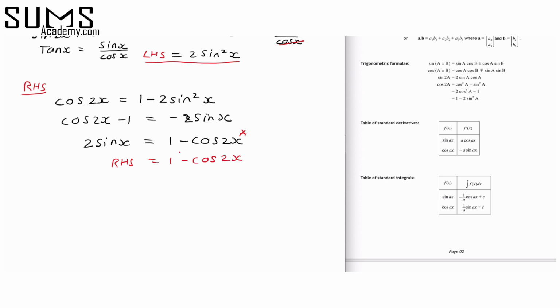So now we can see that the left-hand side, which is 2 sine squared x, is also equal to 1 minus cos 2x. So now you can make a statement saying right-hand side is equal to left-hand side, as proven. So 2 sine squared x is equal to 1 minus cos 2x.